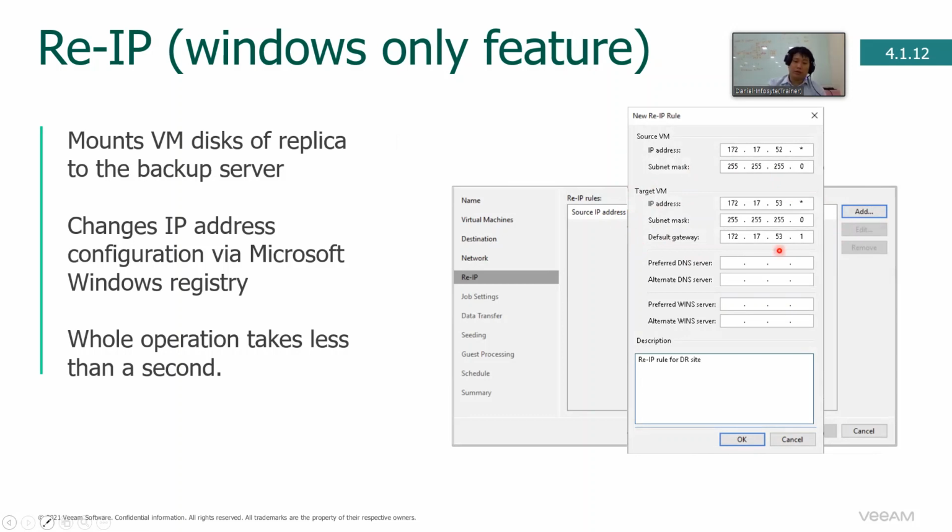If you're using a Linux machine, maybe you need to change it manually from the console or via some script. For Windows, you can predefine it here in the replication job, similar to the network remapping. So when you fail over, Veeam will also help you change the IP address. So remember, during the exam, they also ask about these things in the questions. You need to remember that replication re-IP is only supported for Windows-based machines.